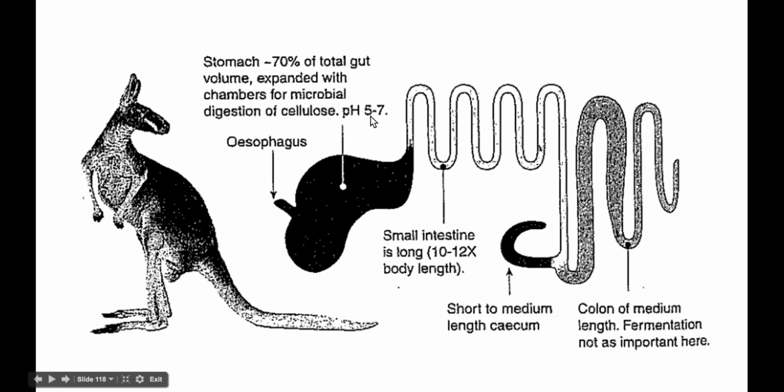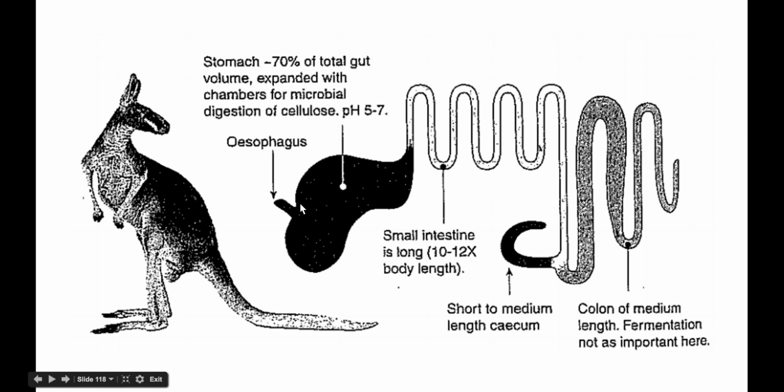It's actually almost neutral. We can see here the kangaroo has an extremely long small intestine, which, if it was wound up or stretched out, would end up being 10 to 12 times the total body length of the kangaroo. Herbivores also have a feature called a cecum, and here the kangaroo has a short to medium length cecum, because they're foregut fermenters.